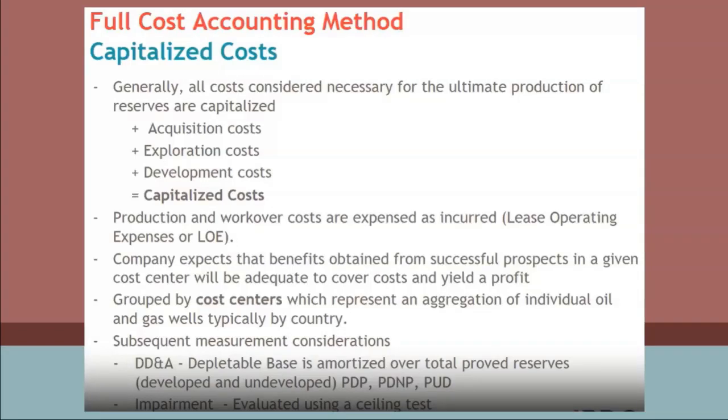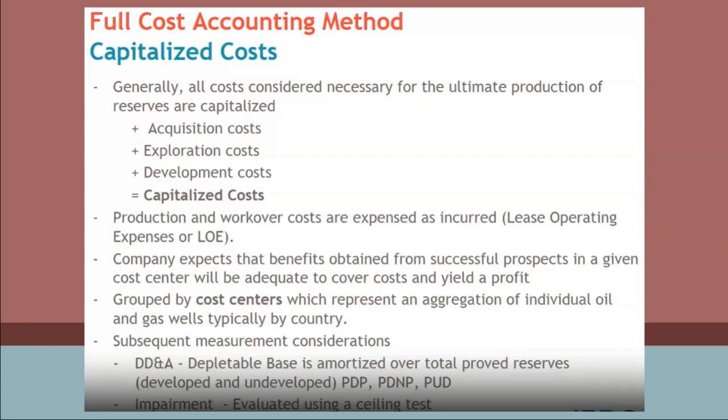Production and workover costs are expensed as incurred, so these would fall under the LOE category and are not capitalized and subject to depletion. Companies expect that benefits obtained from successful prospects in a given cost center will be adequate to cover costs and yield a profit.